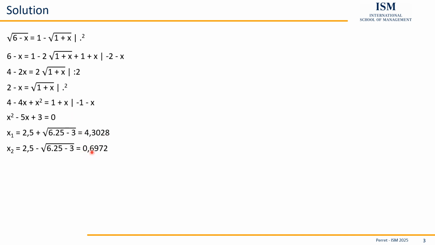If I go with the second, here I will have under the root roughly 5.3. Again, positive, no problem. And here I would have roughly 1.7. So again, also no problem. So both of these values are feasible, valid solutions to this equation.